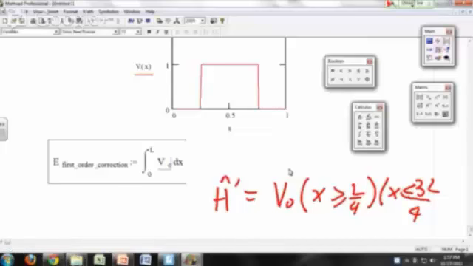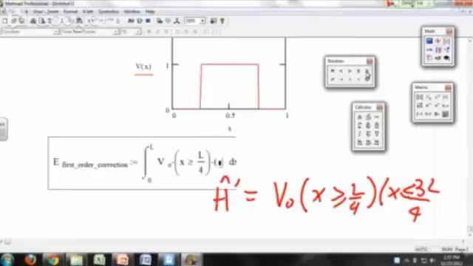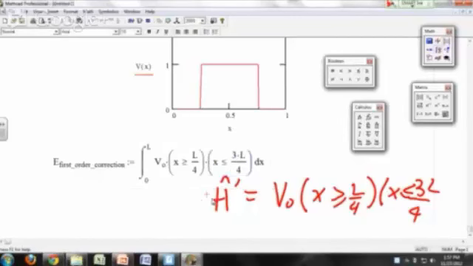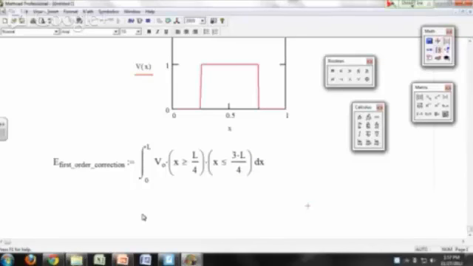Let me get rid of this. And so what would that be equal to? E first order correction equals 0.5. Is that what we're getting? That's our energy correction.